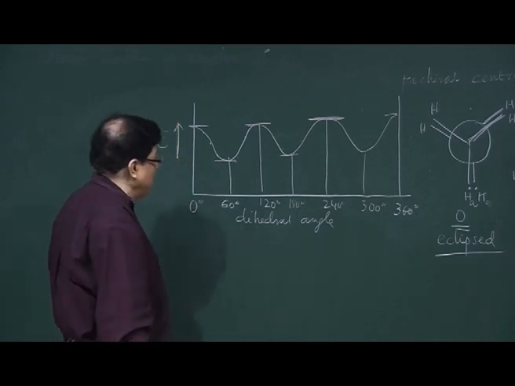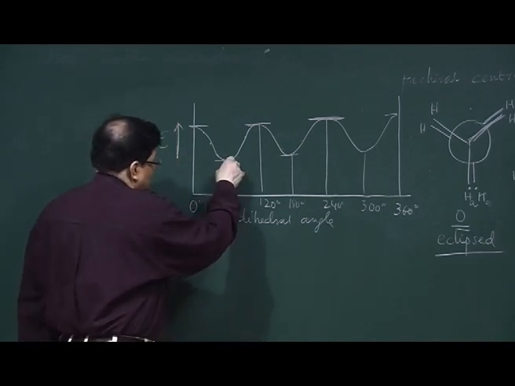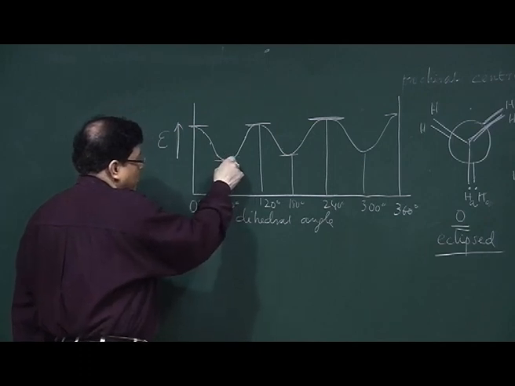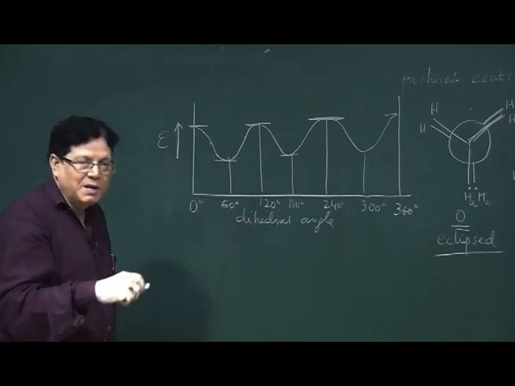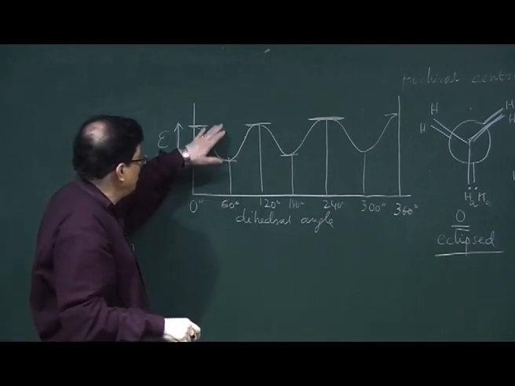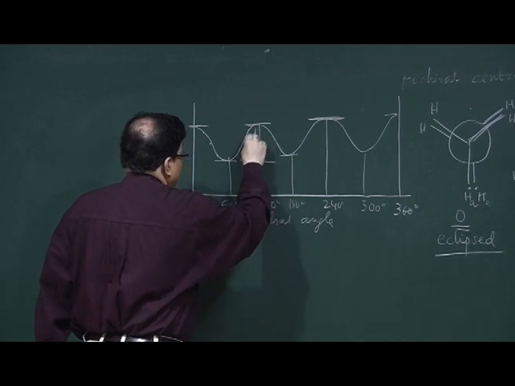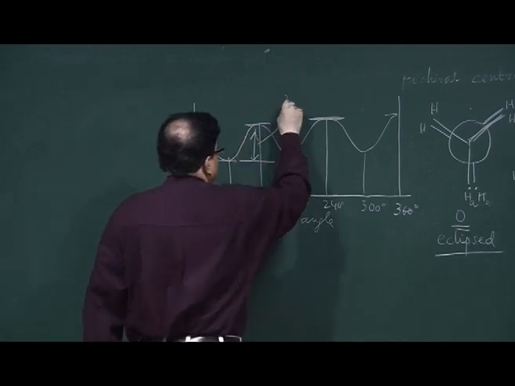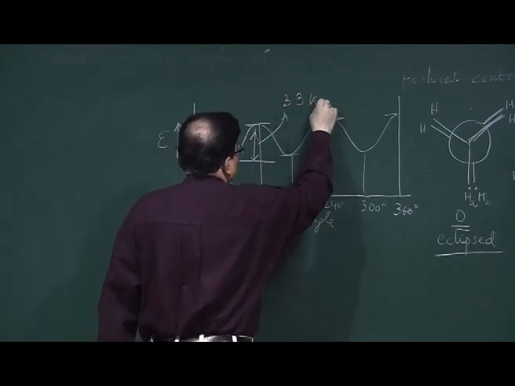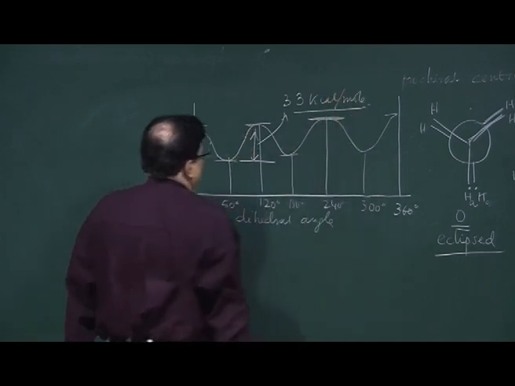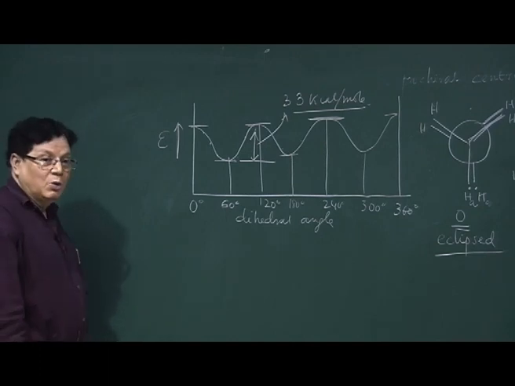However, the molecule will prefer to exist in this form because that has a minima. First of all, that has got lower energy than the eclipsed form, and the difference in energy is, as I said, about 3.3 kilocalorie per mole.